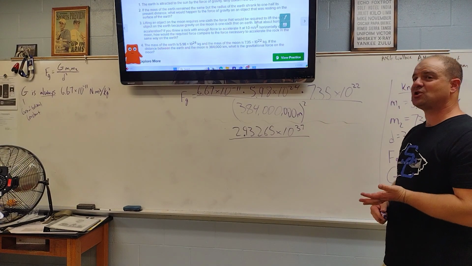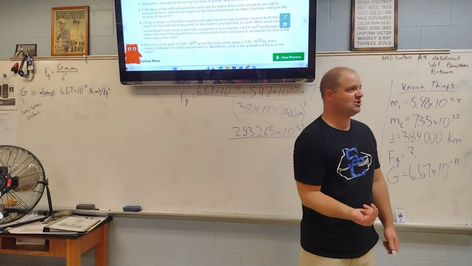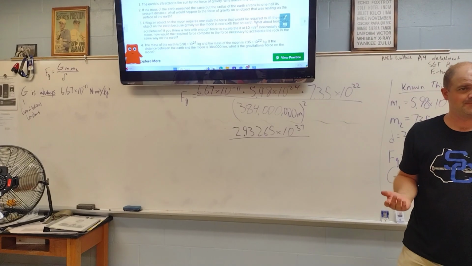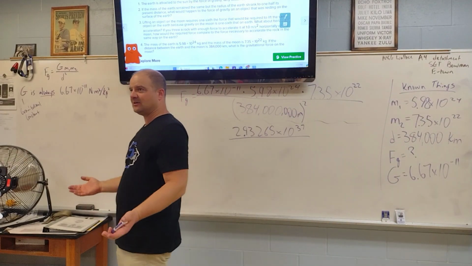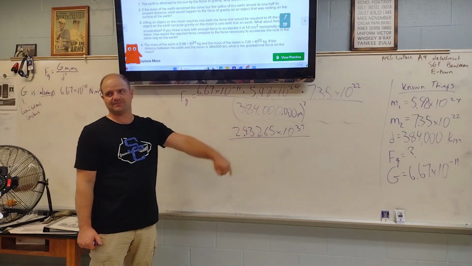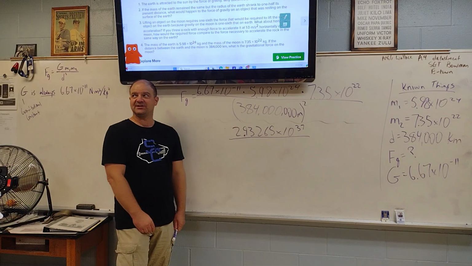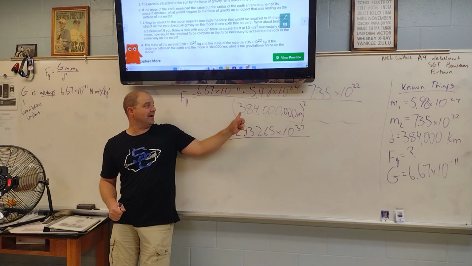Okay. But we're trying to do this without a calculator. So scientific notation really is our friend, isn't it? Scientific notation is really our friend when we don't have a calculator to use. So how do I put this in scientific notation? Where's the decimal going to go? Between 3 and 8. Good.